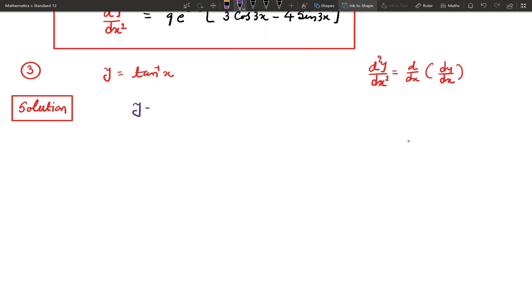y equal to tan inverse x, so dy by dx, the derivative of tan inverse x, is 1 upon 1 plus x square.